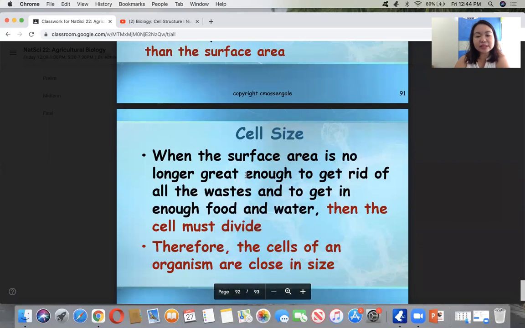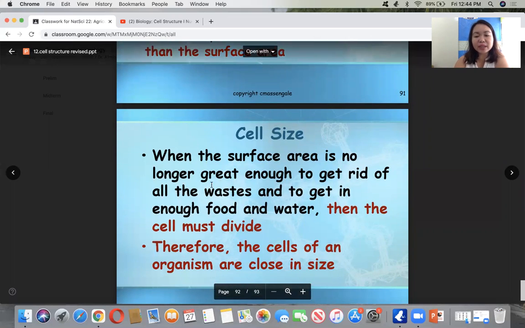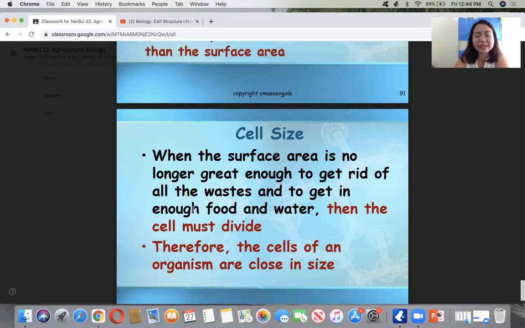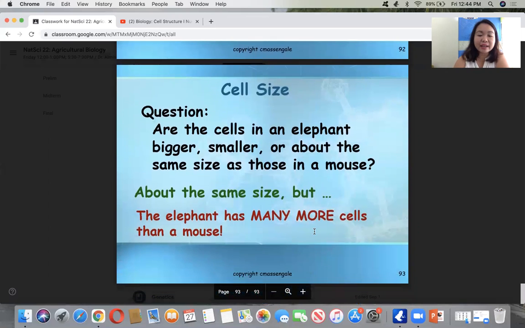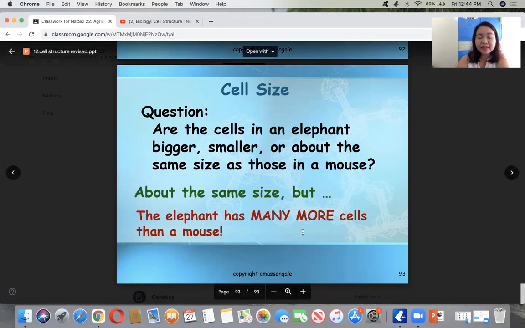When the surface area is no longer great enough to get rid of all the waste and to get enough food and water, the cell must divide, and therefore the cells of an organism are limited in size. So the answer is that they are the same size, but the elephant has many, many more cells than a mouse.